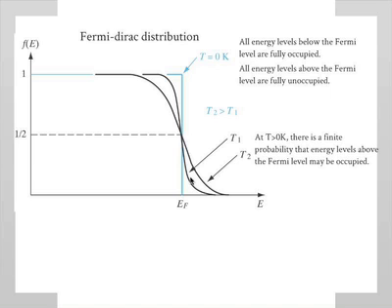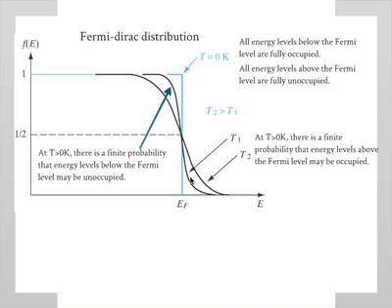Okay? Another important property to think about here, also the same thing happens over here. At T greater than 0 Kelvin, there is a finite probability that the energy levels below the Fermi level may be unoccupied. Okay? So remember, F of E is the probability that an electron exists at that energy level.